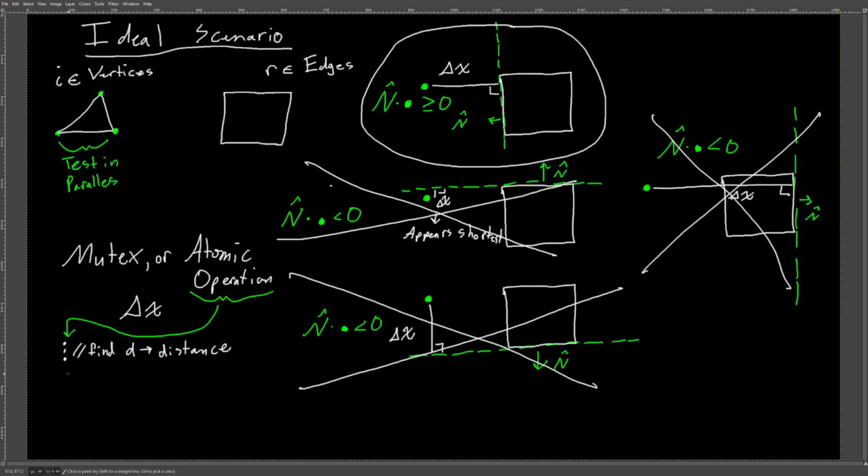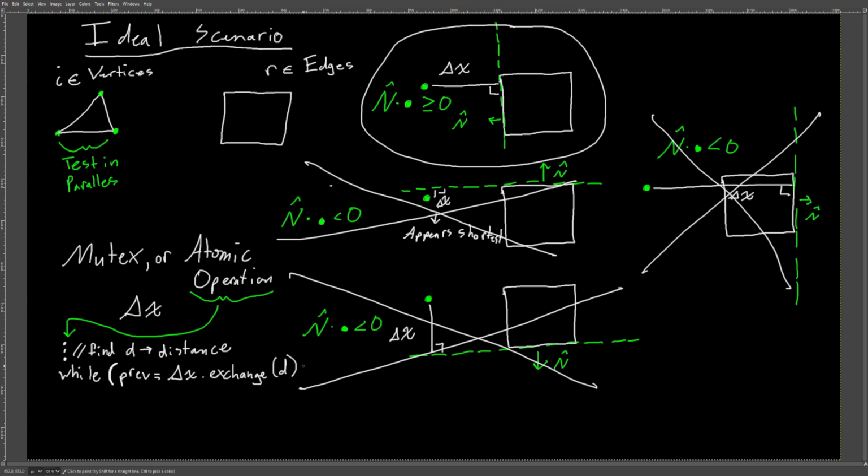So we could do that by using atomic operations to store a distance value. And every time we find a valid distance, we'll enter a while loop where we exchange our valid distance value with whatever's currently in the atomic container.